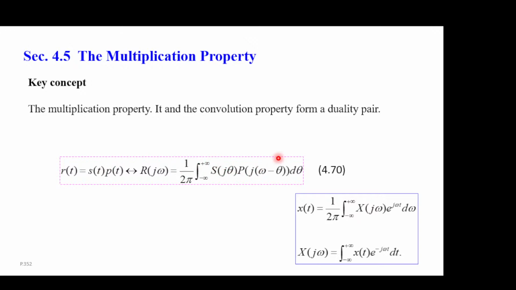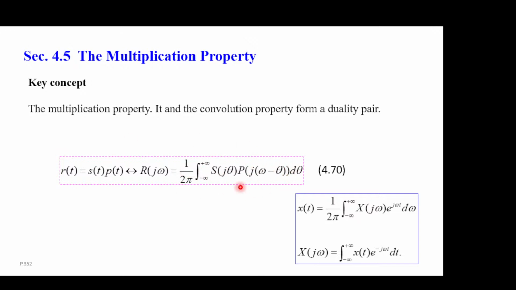But here we have some normalization we need to care about. If you check everything carefully, then you see that you need a factor of 1 over 2 pi here.